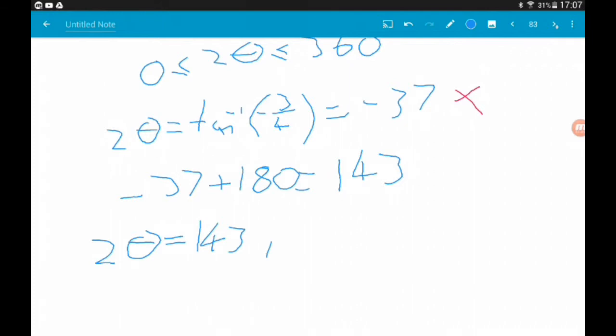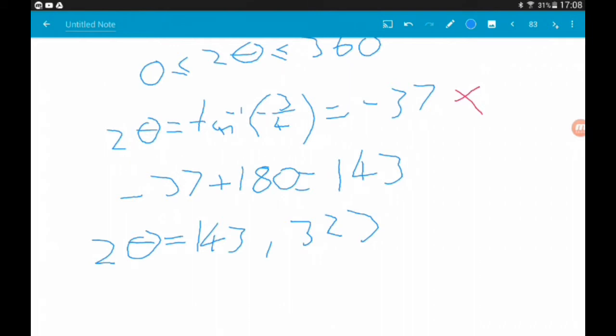Will that still be in our interval? And the answer is yes. So 143 add 180 is 323 degrees. Those are going to be the only two values that 2 theta can be.